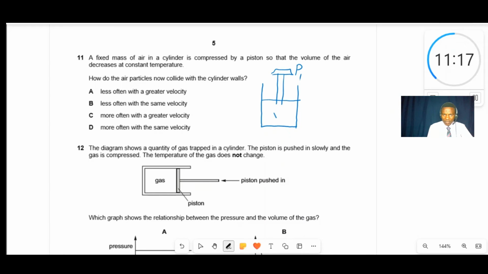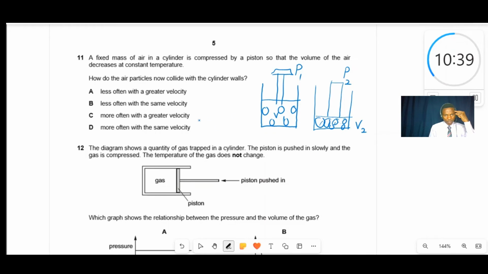If you reduce the volume by increasing the pressure, that is P2 and V2. Let's assume you have 6 particles here. They were far apart, but now the particles are closer.